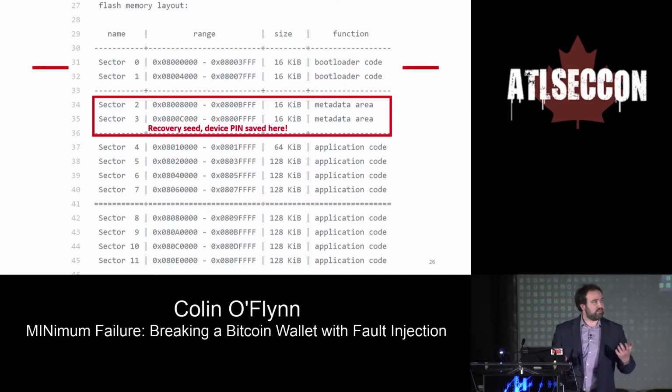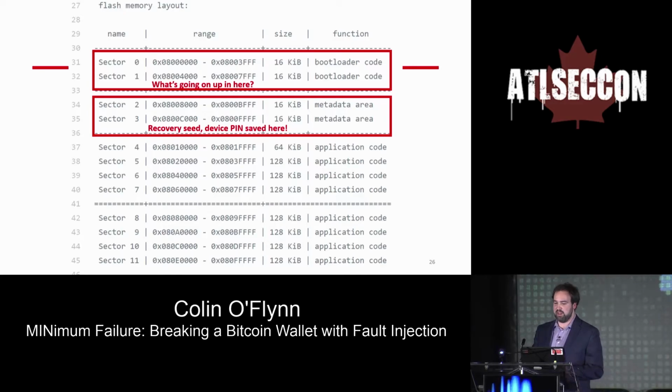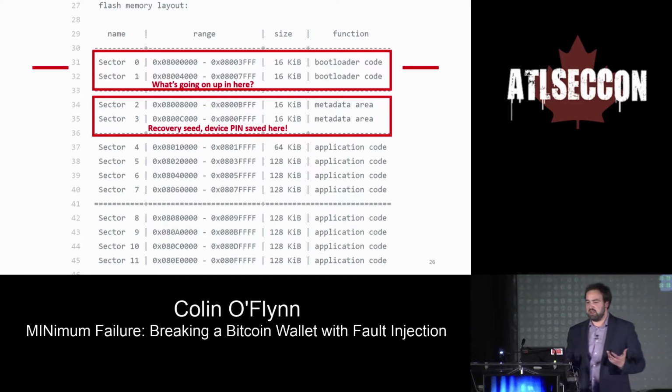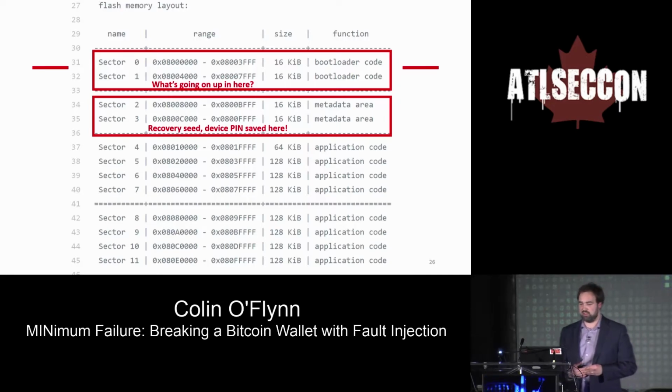And we know what the flash memory layout looks like. In this case, it's open source, so it's super easy to get the layout. And we know it's at this location here. What I was looking at is what happens in the bootloader a little bit before that. So what's going on in the bootloader code, and is there anything in the bootloader code that we could actually access?